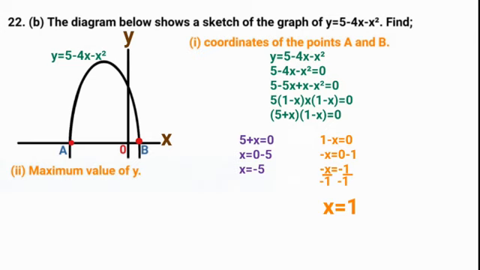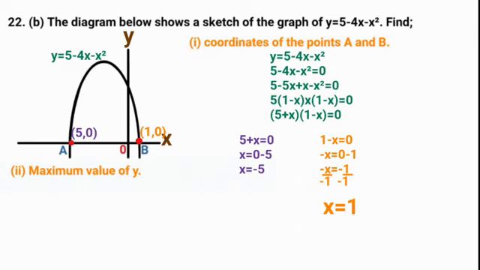So B will get the positive 1 and A will get negative 5. So we can say the coordinate for point B is 1, 0, and the coordinate for point A is negative 5, 0.